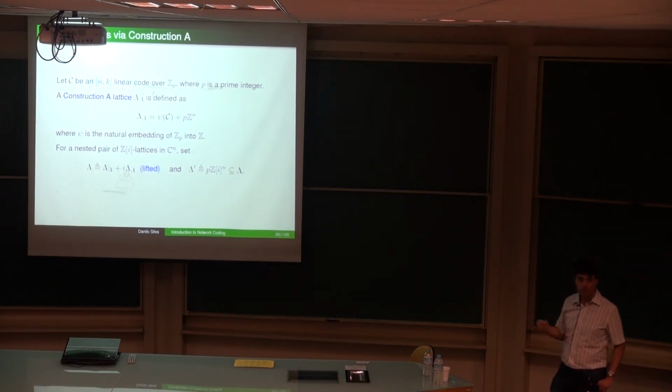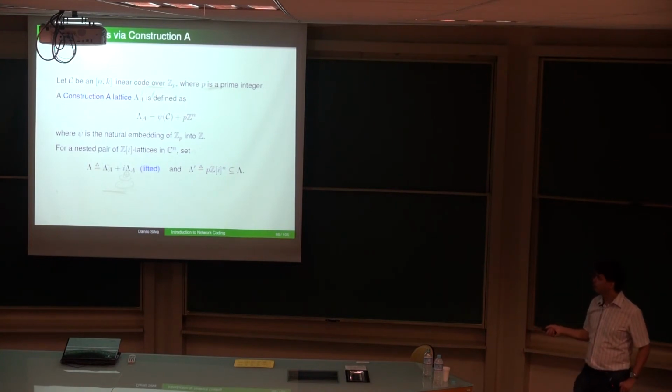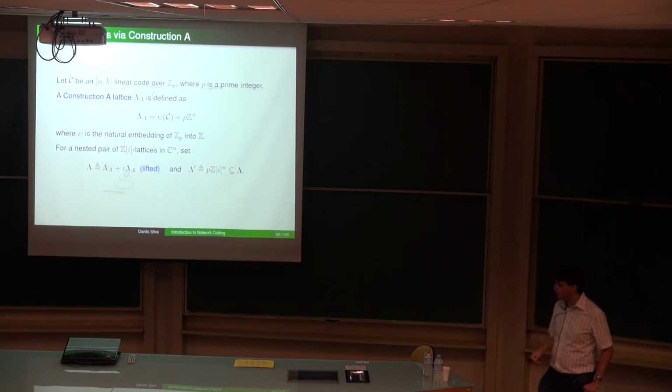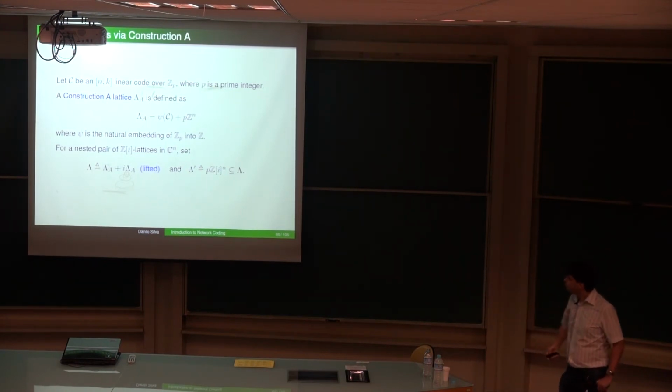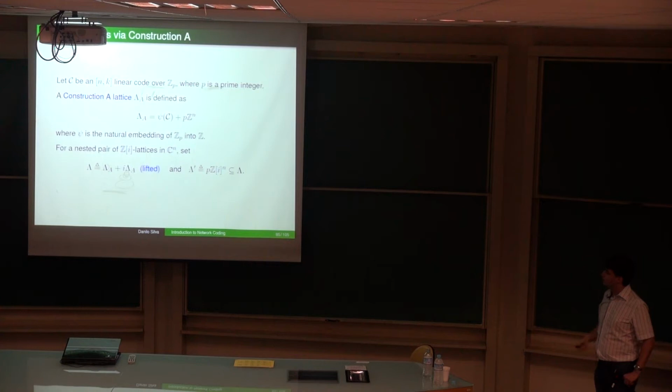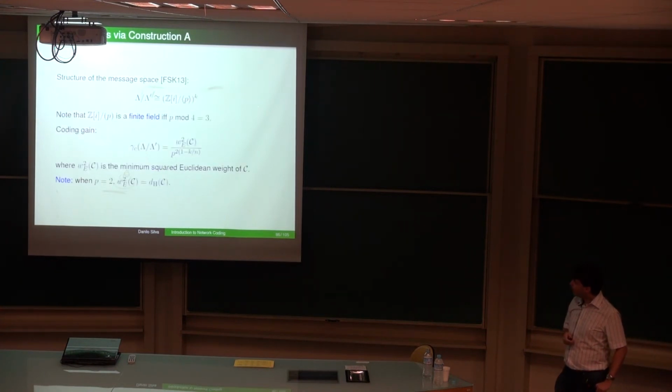If you want a complex one, you can lift this lattice to the complex space. So you just use the same lattice in the imaginary part. When you do this, you get a Z[i] lattice. This lattice is closed under multiplication by i, so that's an important property here. And then the sublattice is just the multiples of p integer vectors.